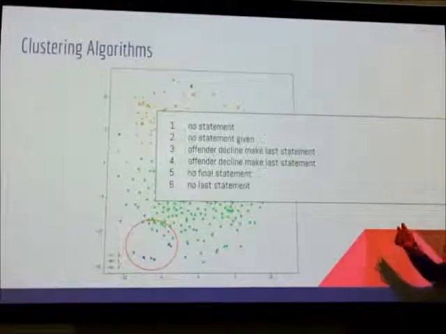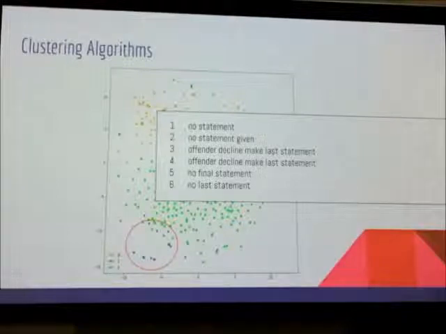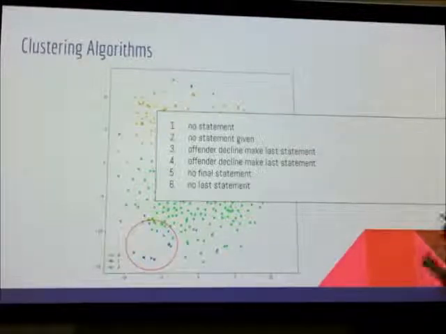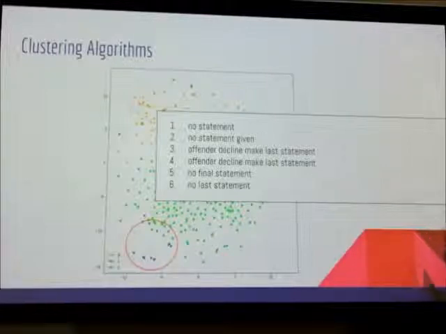But for the orange and the green dots, every statement talks about family, love, and also sorry, pain, forgiveness, peace. So the statements share a lot of similarity. One cluster talks about sorry and pain, and the second cluster talks about love and family. But the statements share a lot of similarities. That's why they are grouped together.